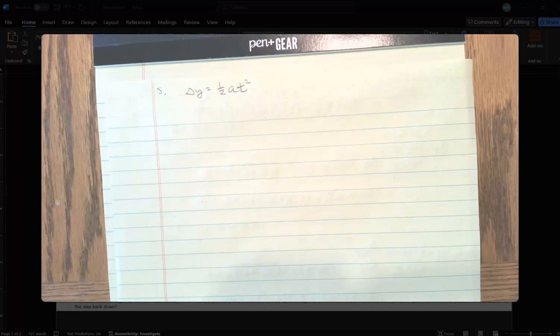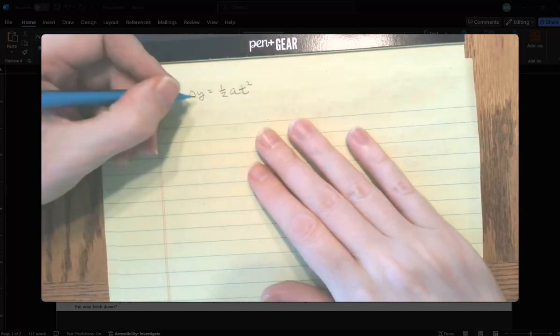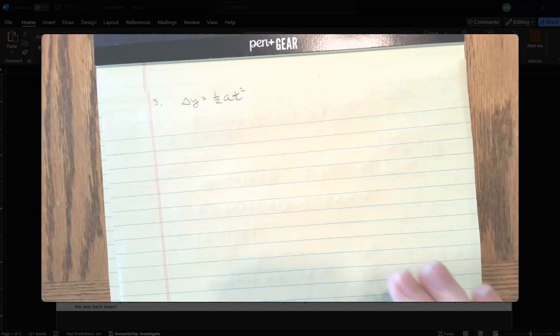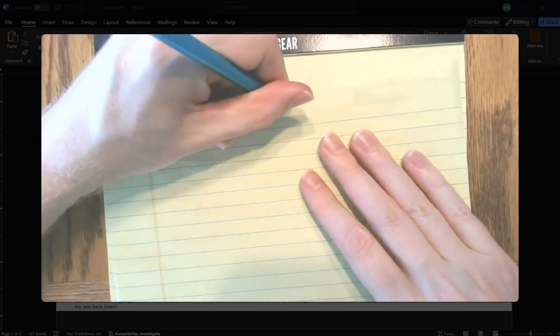All right. So in this case, we're asked to find it when it hits the ground. So when it hits the ground, if it started off at 71.5 meters above the ground, it has traveled negative 71.5 meters. So it's traveled down 71.5 meters here.